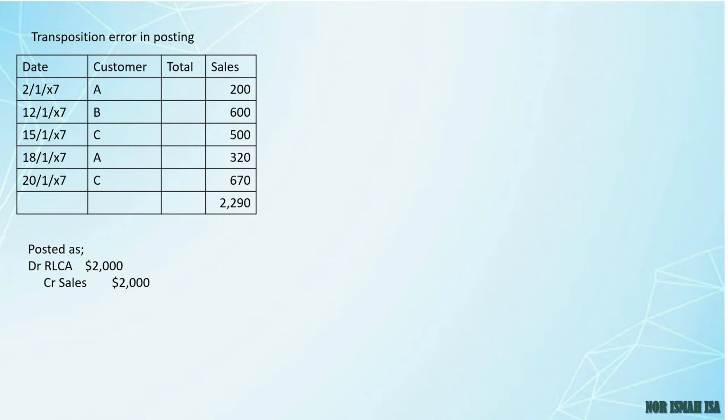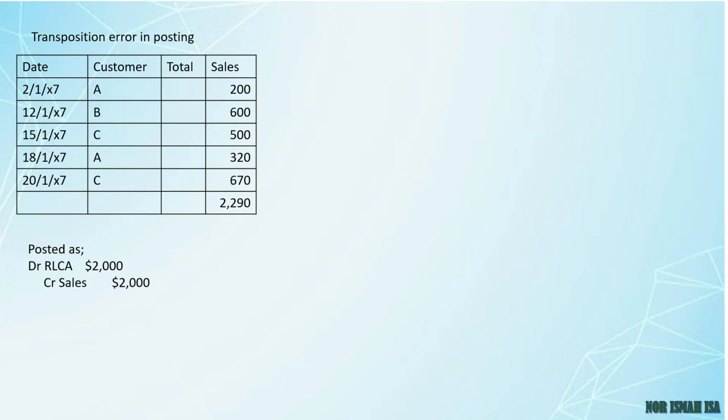As a result, the total balance in the receivable ledger will be the correct amount of 2,290, whereas in the receivable ledger control account, when balancing the account, the balance will be 2,000, which is different by 290.